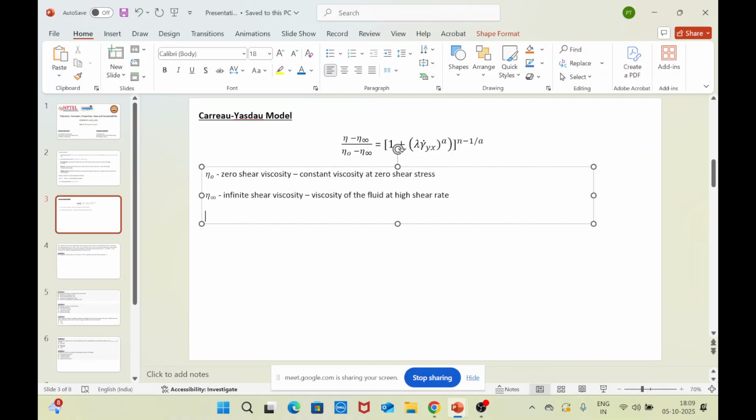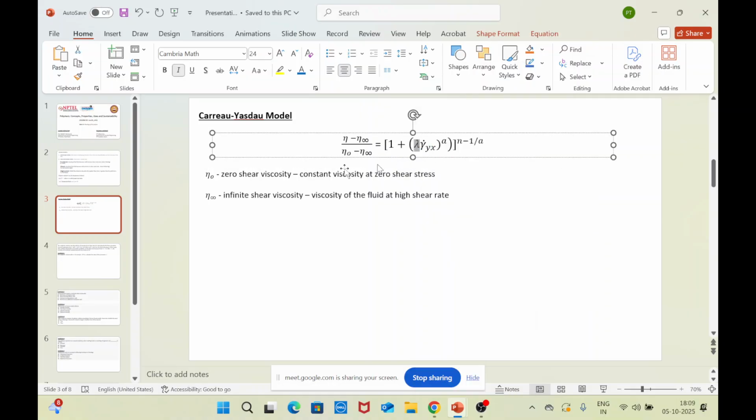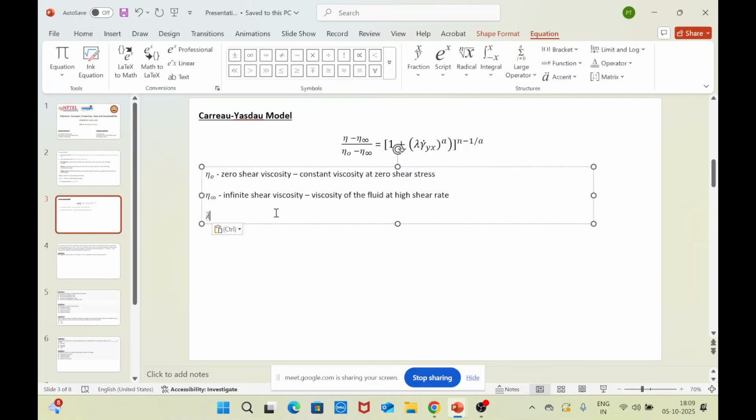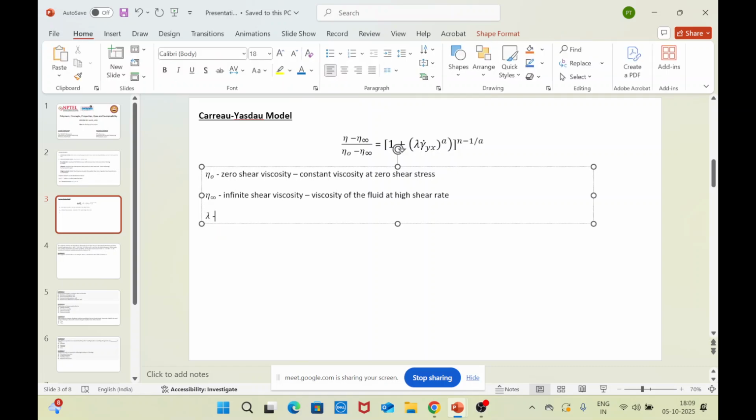Then you have lambda. Lambda is nothing but the time constant. This basically controls how quickly the fluid's viscosity transitions from the zero shear plateau to the power law region.